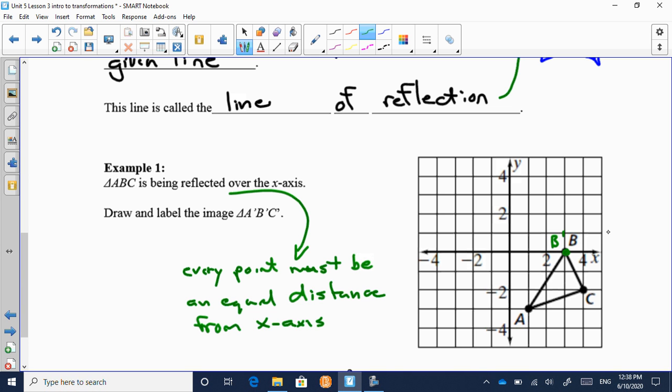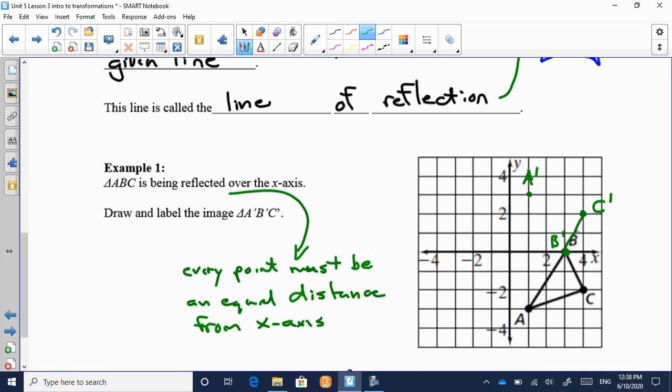All right. Well, let's look at C. C right now is 2 units away. So look at this. C prime is going to have to be up here. Okay. And then A, it's 3 away, so 1, 2, 3, there's A prime. And so it's along the same vertical line, but it's the same distance away.